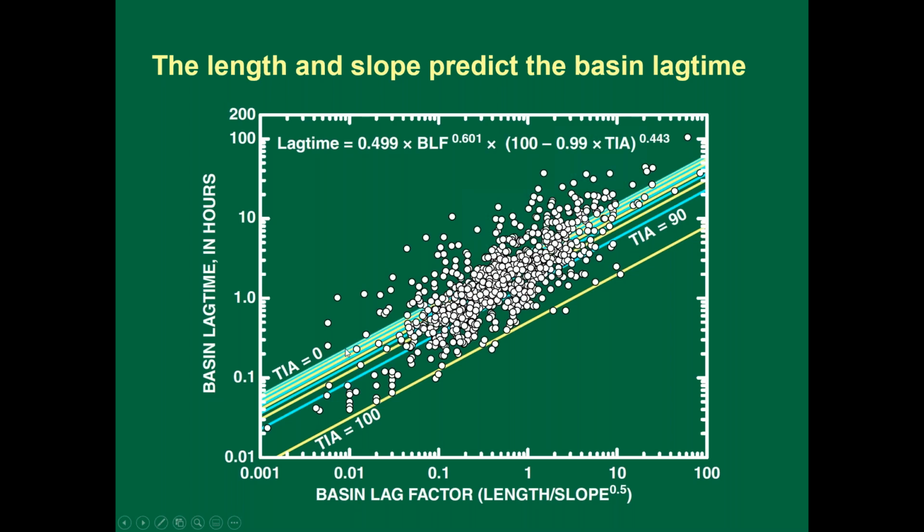But you can see that until you get up to an imperviousness of about 50%, those blue and yellow lines are right on top of each other. So at low impervious values, you don't need to get the exact right imperviousness to get that estimate of your basin lag time.